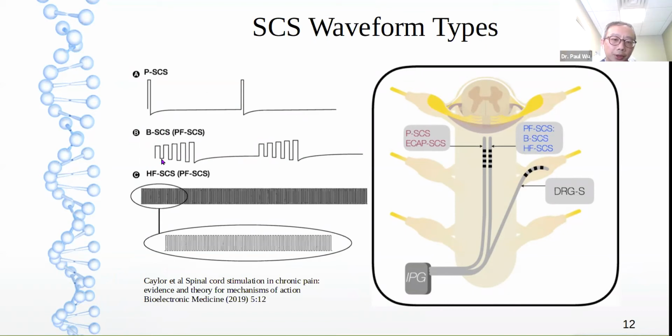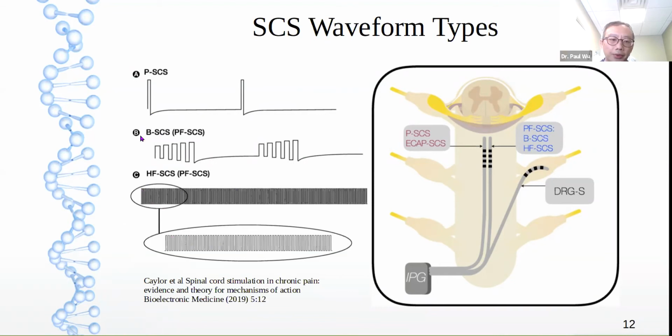You can see this is a spike, and in between the spikes there's a pulse, and that's a burst. This is high frequency. You can see this is 10K, or 10,000 hertz frequency. If you amplify this area, you can see it is similar to a square wave, except at a much higher frequency.